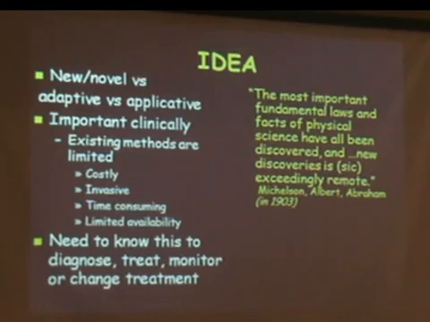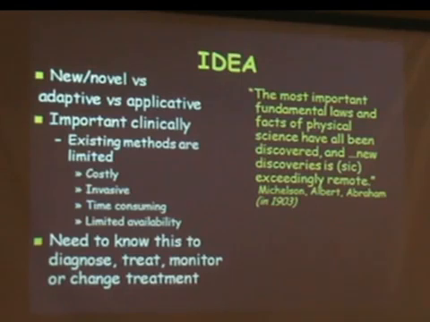So when I have an idea, that idea could be new or adaptive, but it has to address a clinical need. So what is a clinical need? A clinical need is that evaluation of that disease is either invasive, costly, of limited availability, or takes too much time. That assessment may not be imaging. It may be a laboratory test, it may be surgery, so don't limit the comparator assessments to imaging.